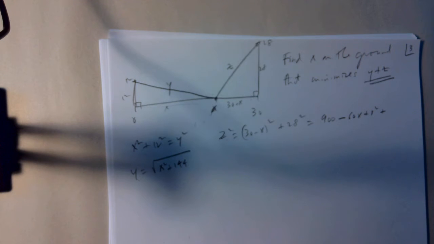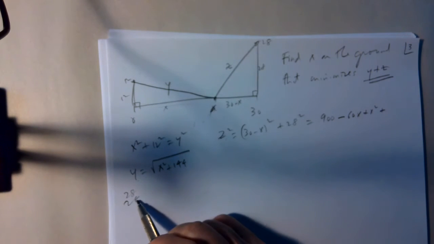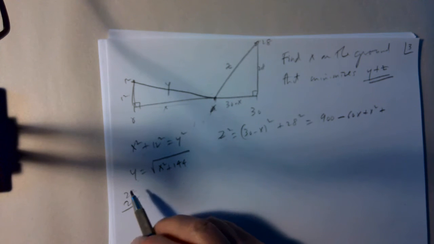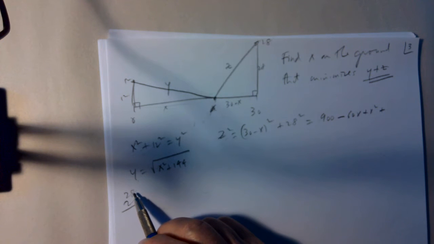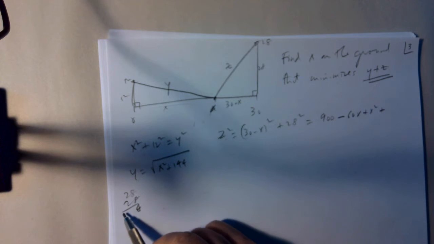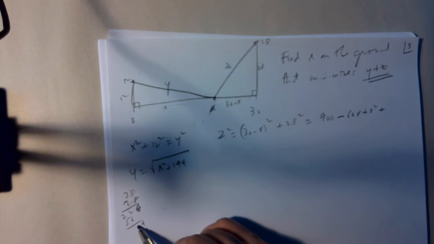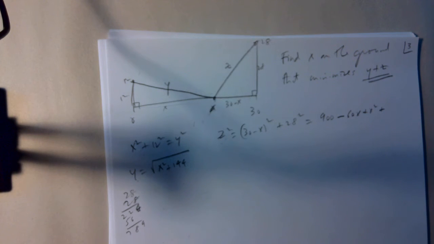What is 28 squared? 8 eights are 64. 8 twos are 16 plus 6 is 22, so 784.